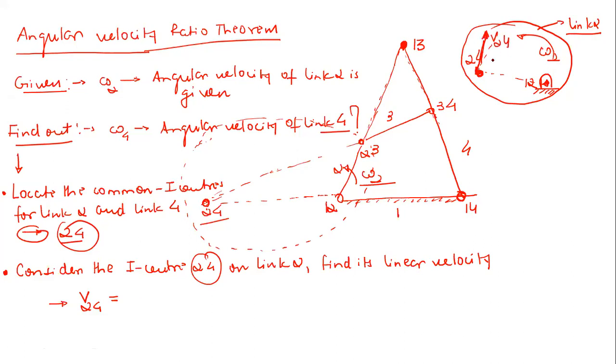V24 is equal to simply omega 2 multiplied by this radius. So V equal to R omega. Always remember this formula. The radius here is basically I12 I24, multiplied by omega 2.